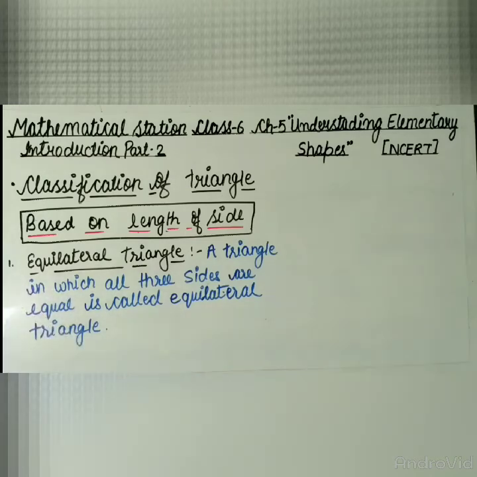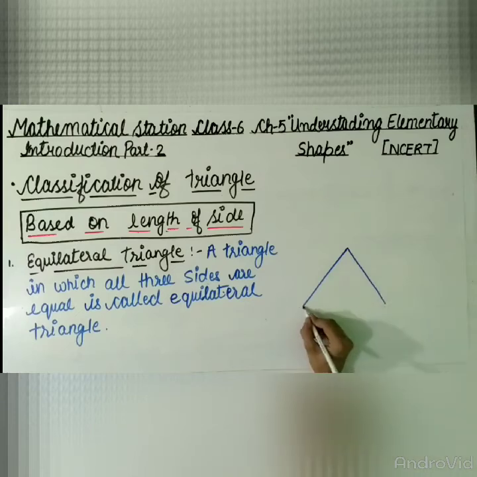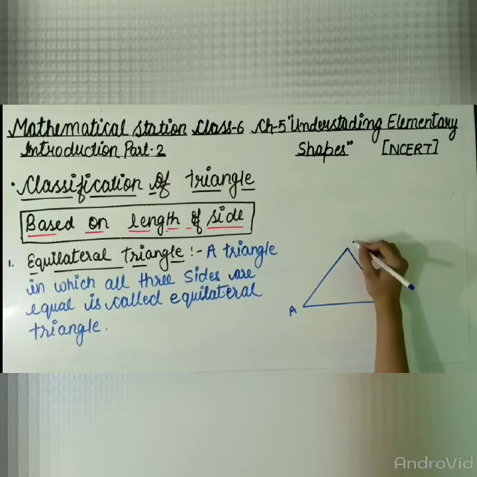So here, first one is equilateral triangle, and it is a triangle in which all three sides are equal. Means a triangle of all equal sides is called an equilateral triangle.